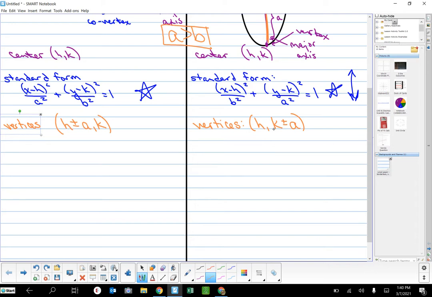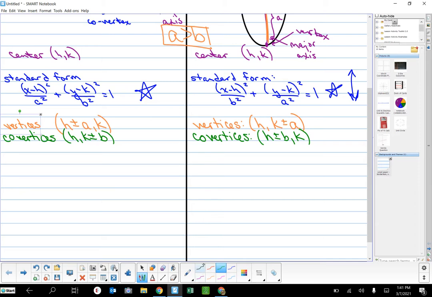On the vertical one, the a is being added to your y value. Okay, your co-vertices. This is (h, k plus or minus b). This one's (h plus or minus b, k).